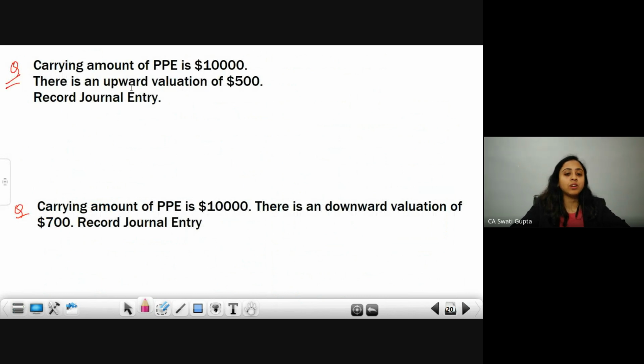Try to pass a journal entry. The carrying amount of property, plant and equipment is $10,000 and there is an upward valuation of $500 on the reporting date. Please tell me the journal entry.